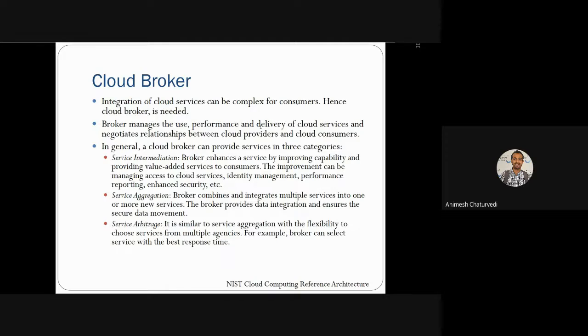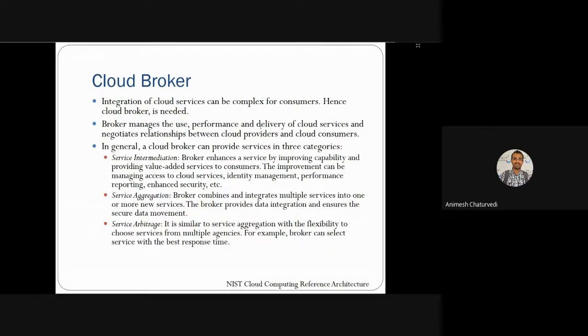A cloud broker manages performance and delivery access models for cloud services, and they negotiate between the cloud provider and the cloud consumer by providing cloud services to the consumer. So what are the three categories of cloud brokers?